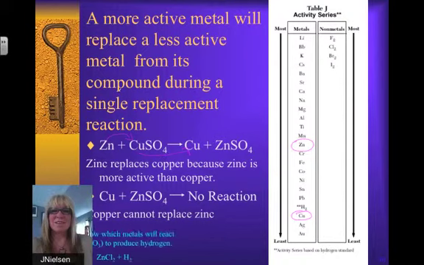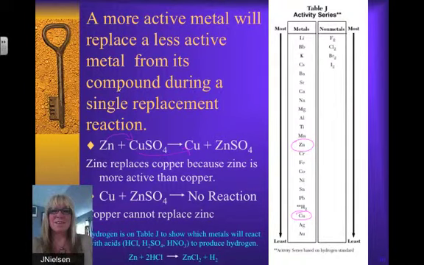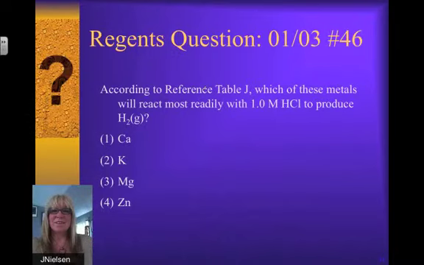But Cu cannot replace Zn. Hydrogen is also on table J, which shows you that metals will react with acids to produce hydrogen. So here, Zn pushes H out to produce hydrogen gas because it is above hydrogen on the table.